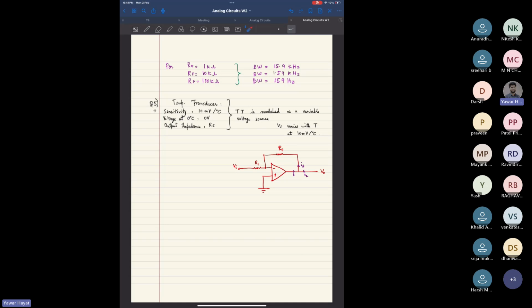Suppose your input is temperature and you get the signal. Now, what would be your input? Your input would be a temperature transducer, VS. Let me make the diagram. That way it would be clear.